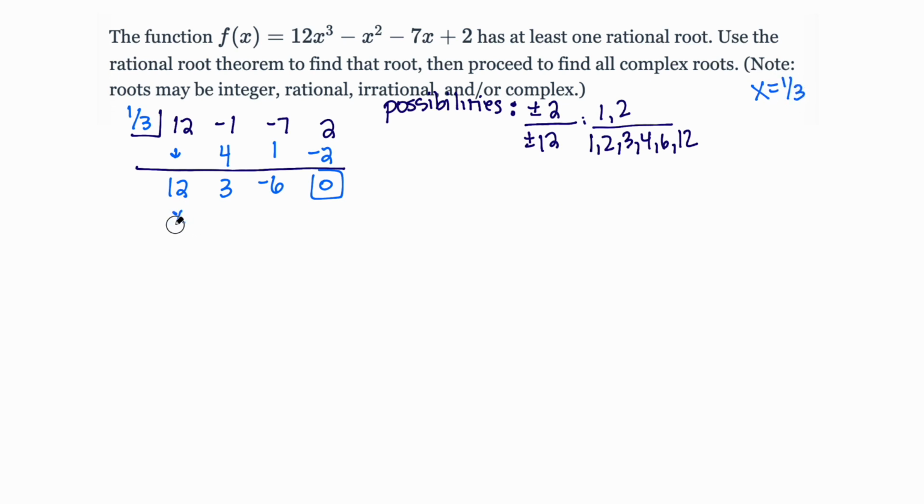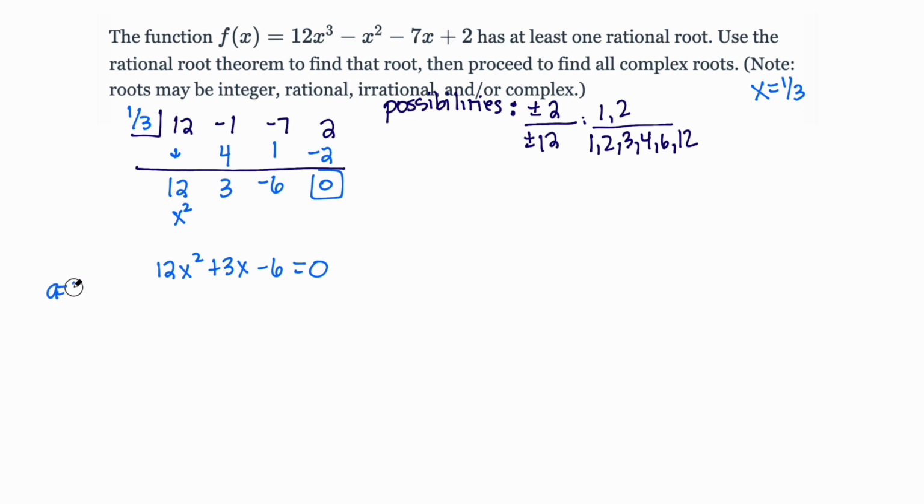Now we're down to a quadratic. The moment you get to an x squared, you can go ahead and rewrite it. And from here, you can either do a quadratic formula or you can try to do the illegal move. At this point, I'm just going to go straight to quadratic.